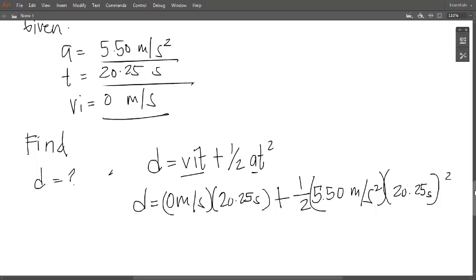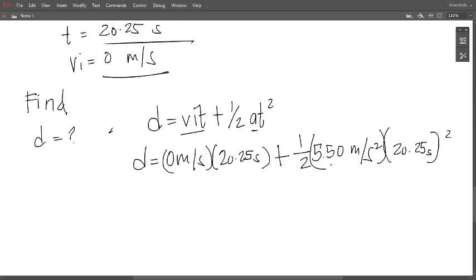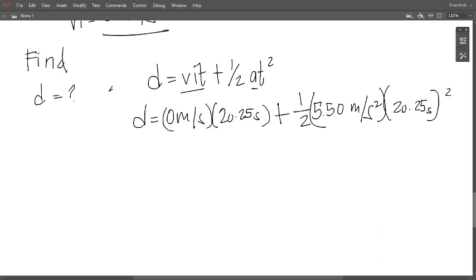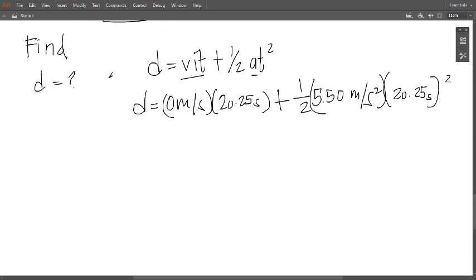K squared. So we replace these letters with our given numbers. So it's time for us to solve for this one. Let us use the calculator here.